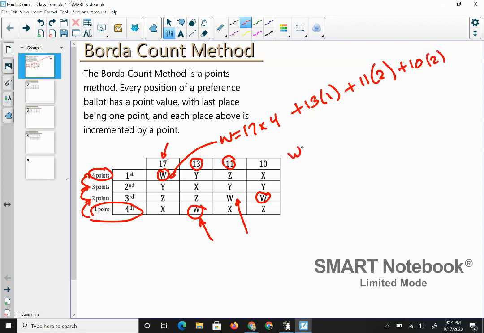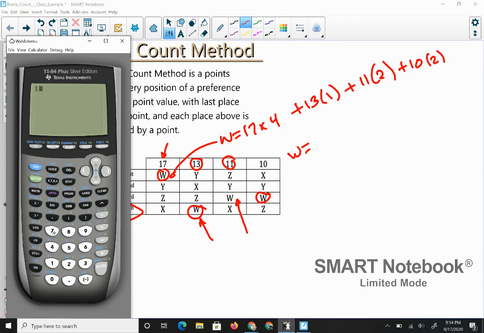So we would see that W is equal to 17 times 4 plus 13 times 1 is 13, plus 11 times 2 is 22, plus 10 times 2 is 20.